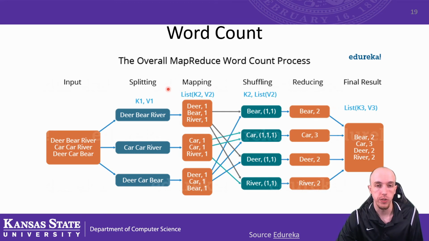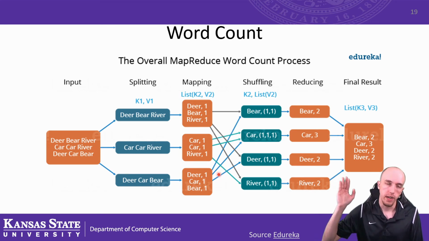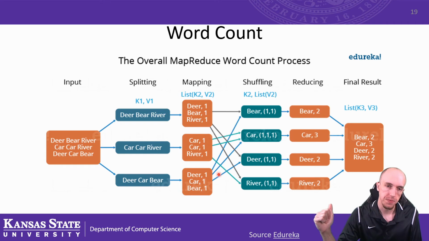So we're actually going to shuffle this out. The shuffling process is going to take care of essentially sorting the result of our mapping process. Because once it's sorted, it's a lot easier to reduce and combine.